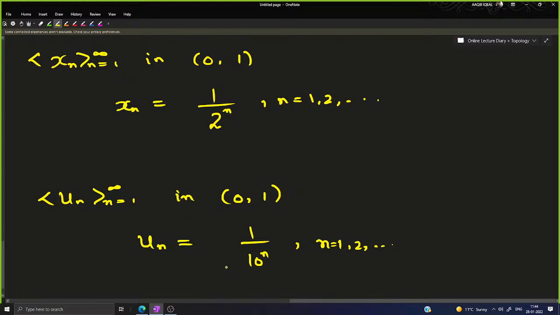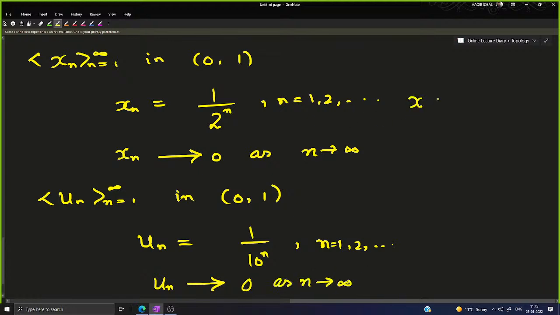Now if you look at xn and un as sequences, they both converge to 0. xn goes to 0 as n goes to infinity, and here also it is the same. If you look at un, they also go to 0 as n goes to infinity. In fact, these xn's are decreasing to 0, right? Similarly, the un's are also decreasing to 0.